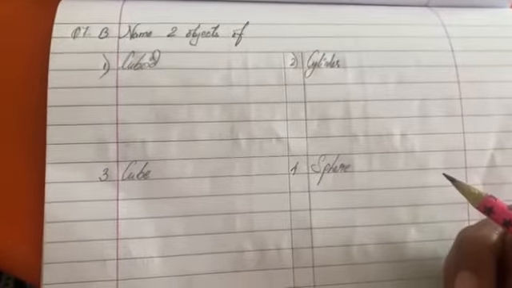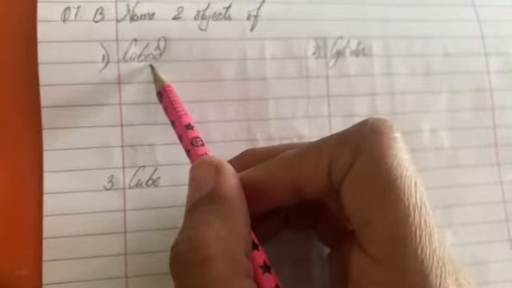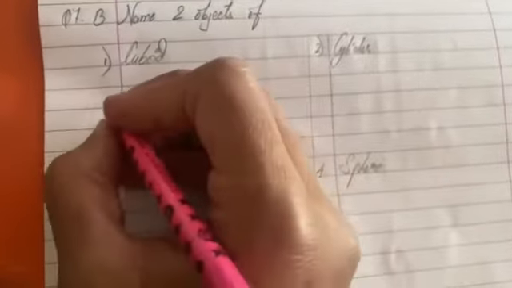Now let's start with question 7b. Name two objects of a cuboid shape. We have to write two objects of the shape of a cuboid. So, one can be a cupboard.